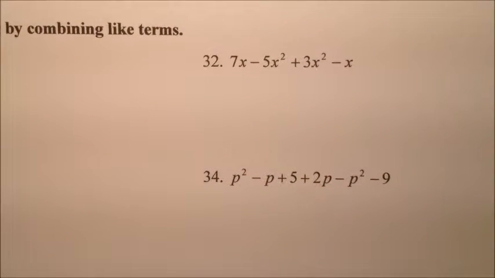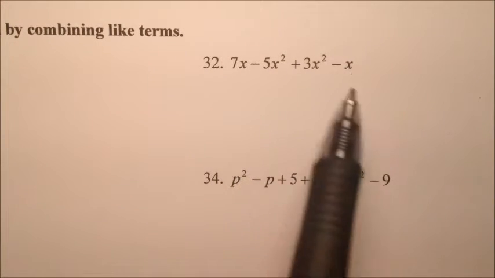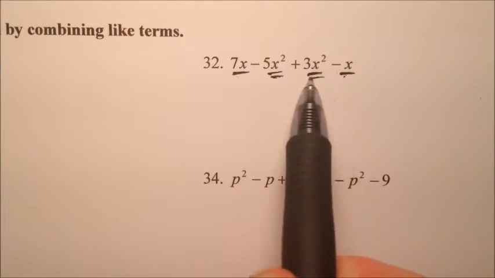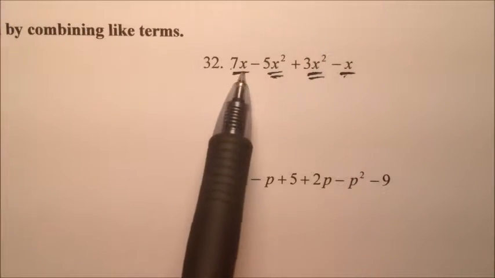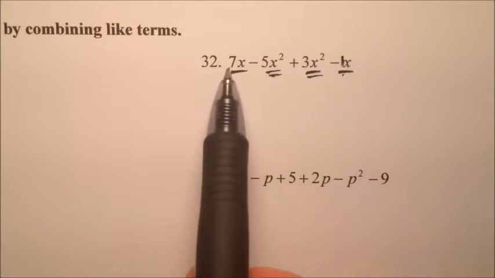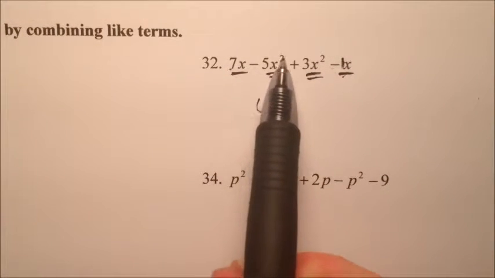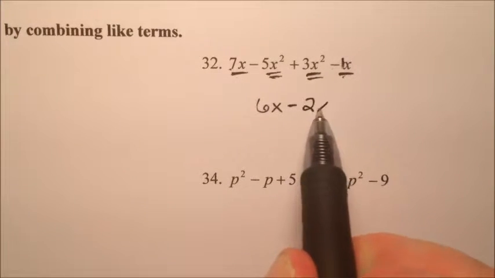Let's slide over for number 32. And we have 7x minus 5x squared plus 3x squared minus x. So we've got an x here and an x here, and an x squared here and an x squared here. While all the terms have x's, all the x's don't have the same exponent in each case. So the 7x and the minus x, and remember there's a minus 1 right there when there's no other value placed, so 7 minus 1 is 6x, and then negative 5x squared plus 3x squared is negative 5 plus 3, which is negative 2x squared.